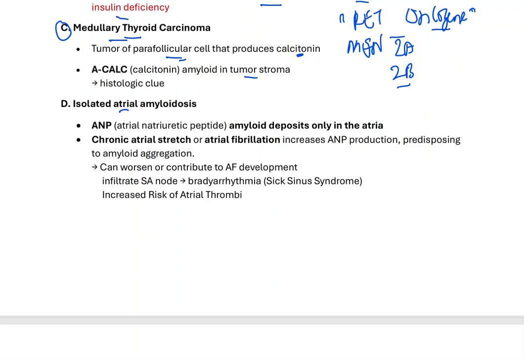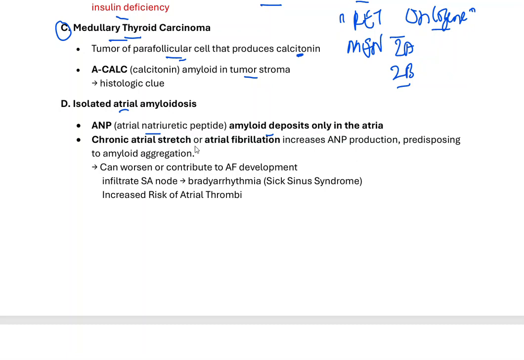As we know, anytime you have increased pressure in the atrium or increase in volume, so either increased pressure or increased volume, anything that stretches the atrium will lead to production of atrial natriuretic peptide. And this peptide could be converted to amyloid, and that could deposit in the atrium.